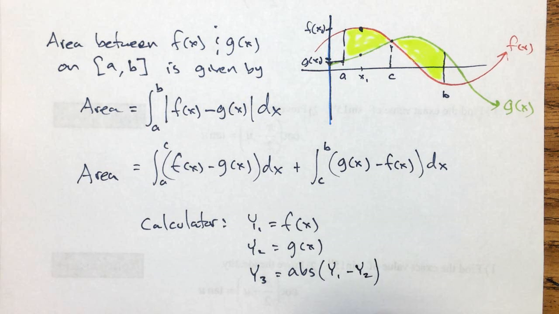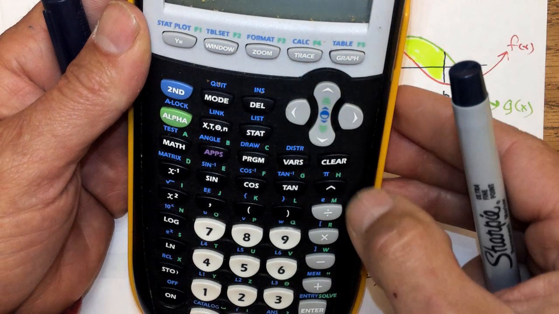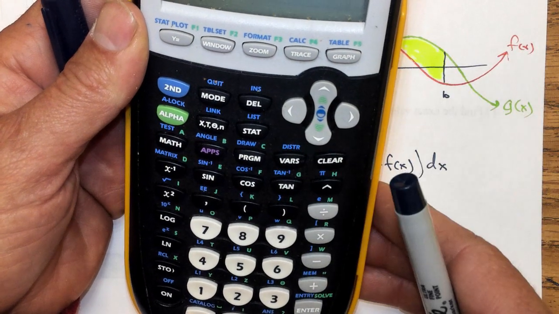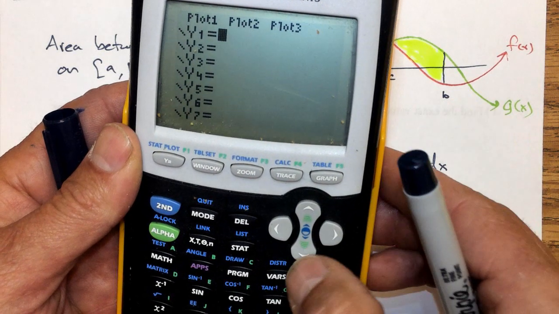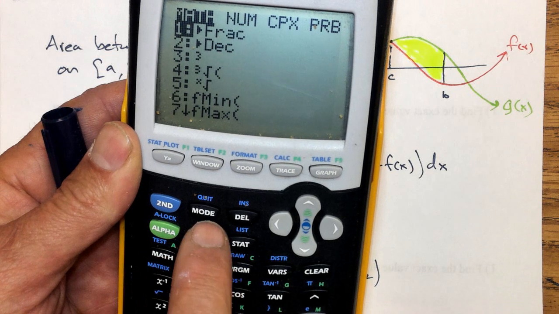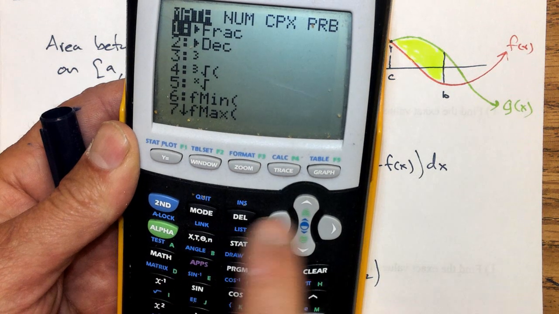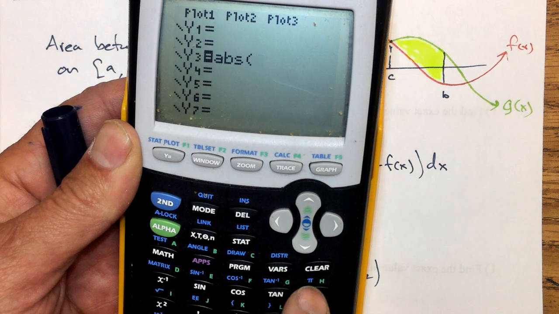That's kind of not that easy to do, so let me set this up. For y3, I would say math, absolute value. Then we have to get y1 and y2.